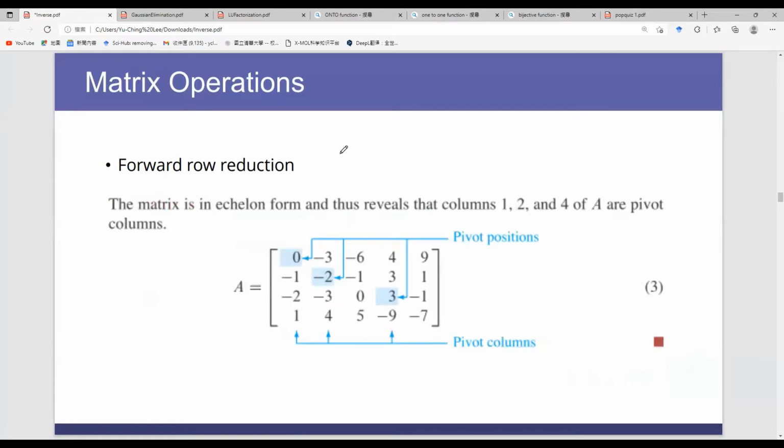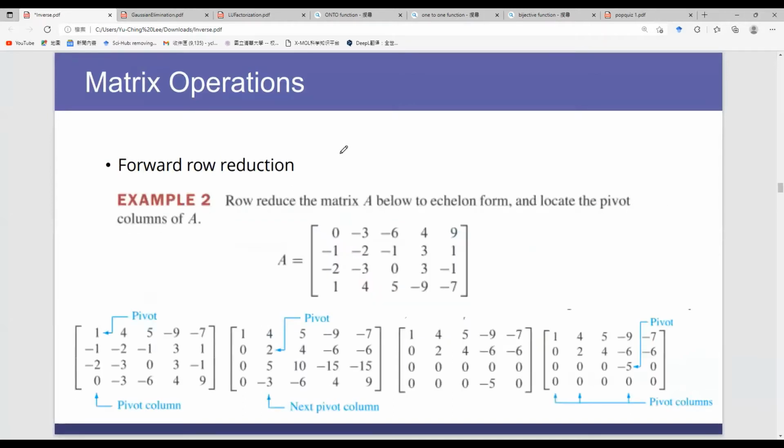Notice that pivot positions are positions where the pivots are. The number of pivots may vary, depending on the process, when you do row operations. But if we follow exactly the same forward row reduction, then you will identify exactly the same pivot positions.